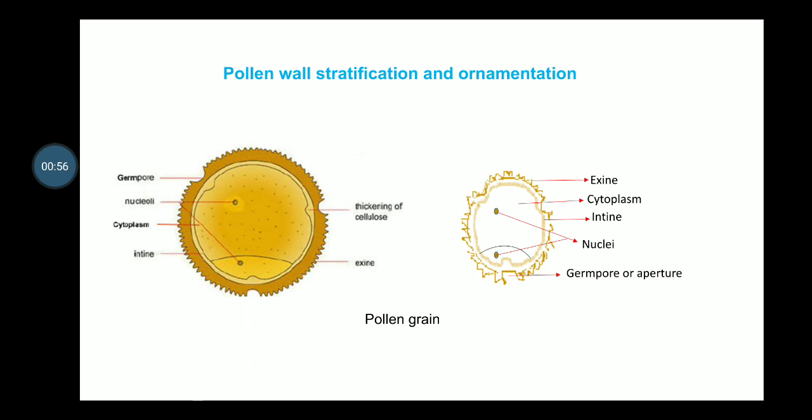So the exine, or the outer wall of pollen, is ornamented, while the inner wall, that is intine, is simpler and thinner than exine. So let's start with some theoretical knowledge about pollen wall stratification and ornamentation.